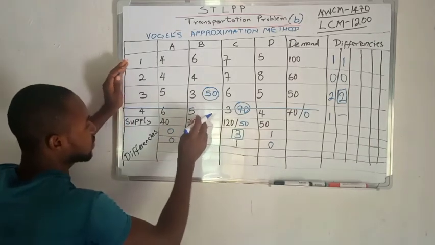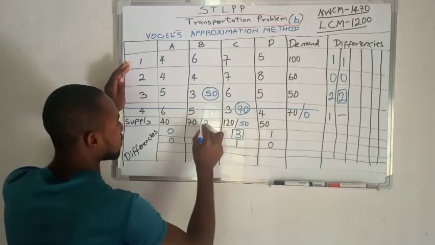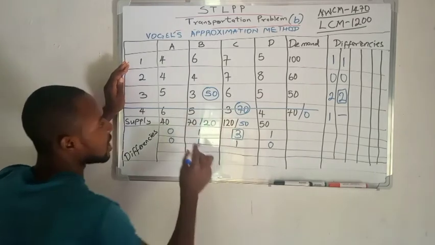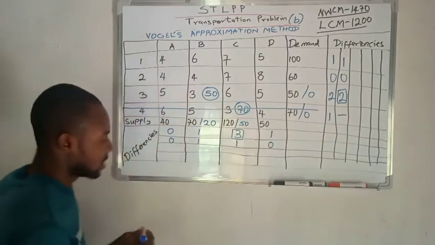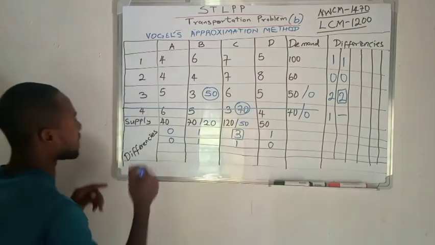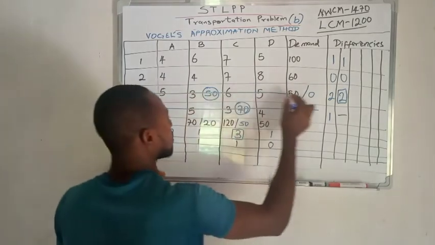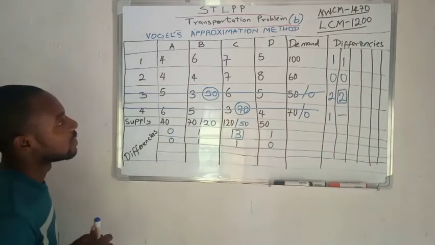You supply 50, so we should have 20 remaining here. So 70 minus 50 is 20, and then there's nothing left here. I have 0 here. So we have consumed everything that we have here, so we are going to remove this row as well, and then we check for the remaining ones.